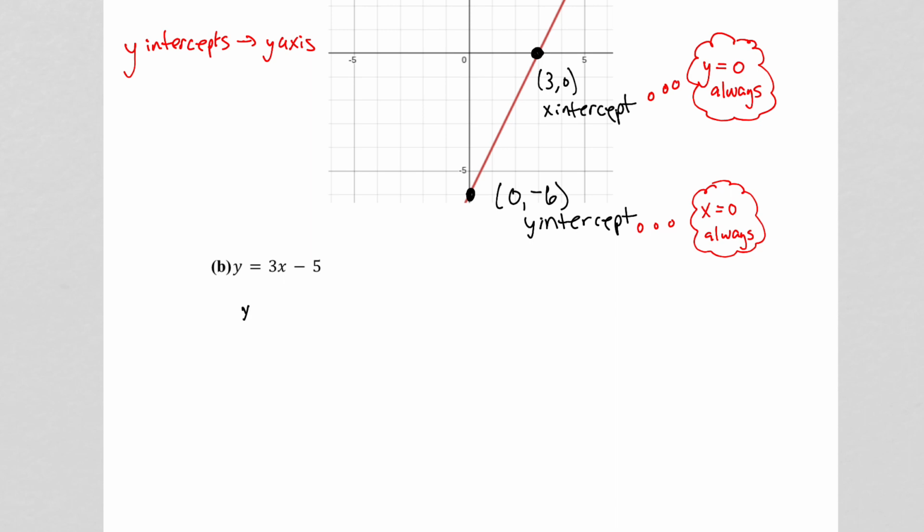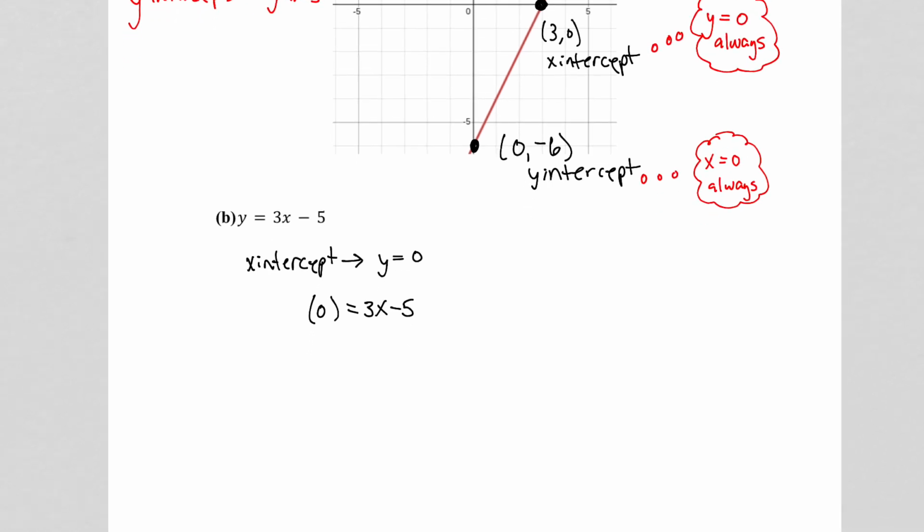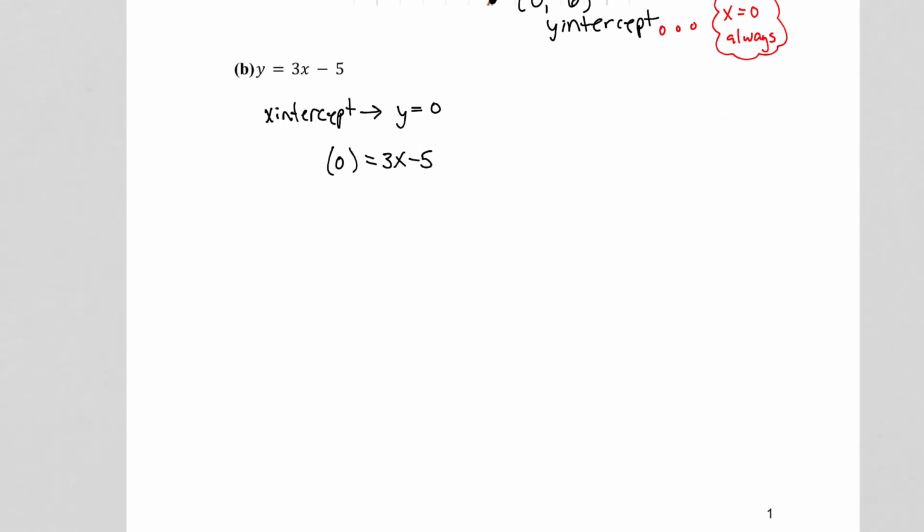So let's first look for the x-intercept of y equals 3x minus 5, and we know the x-intercept has a y-coordinate of 0. So we're going to take our equation and we're going to substitute 0 into the equation for y, and now we're going to just solve the remaining equation for x.